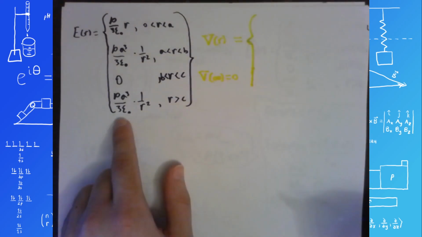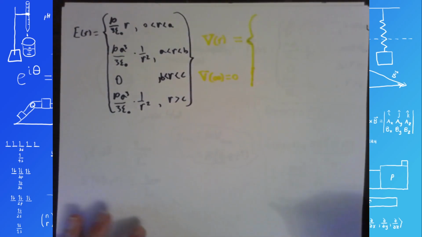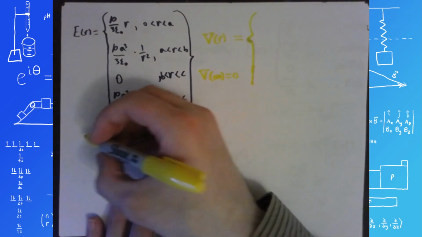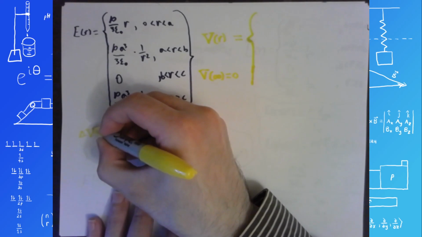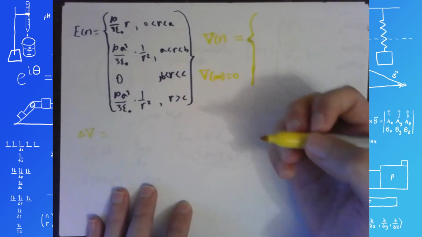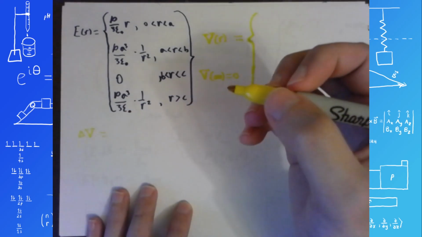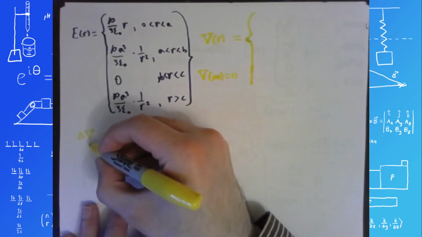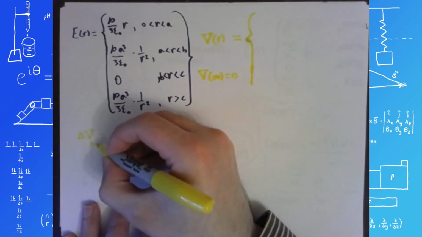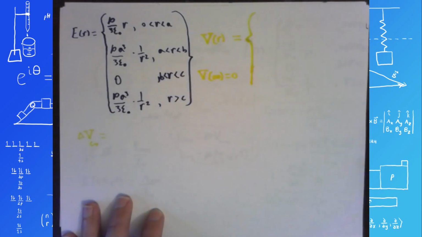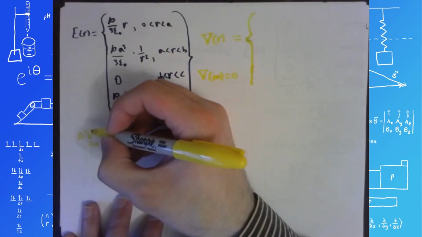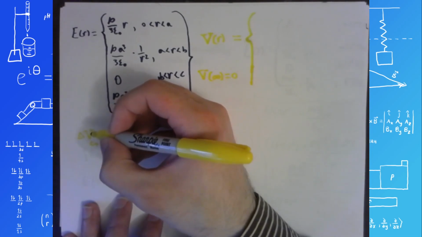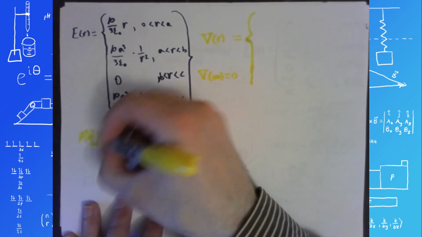So I want to start from the very end, and I want to do delta V, I guess, how do I want to say this? From C to infinity, or actually, wait. No, it would be from infinity to C.